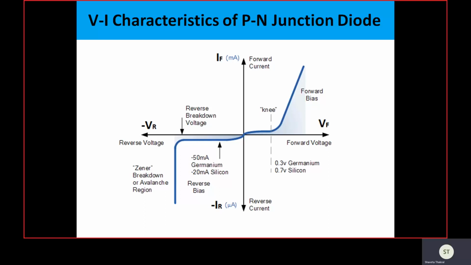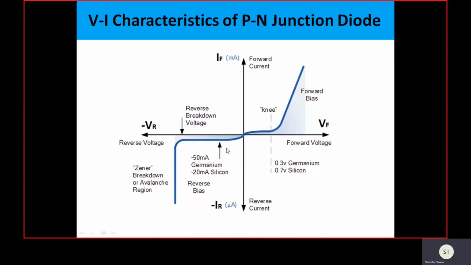In the graph we can see that in forward biasing initially the current is very small, almost negligible, but if we apply a voltage equal to the knee voltage, that is 0.7 volt for silicon and 0.3 volt for germanium, then the barrier breaks down, conduction takes place in the device, and a significant rise in the current level occurs.